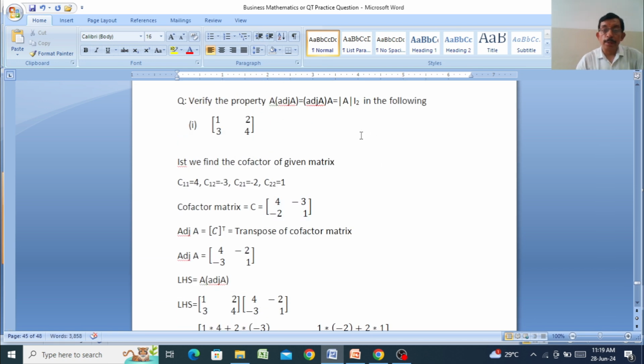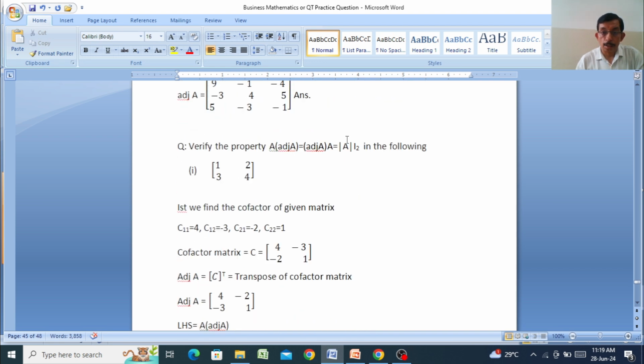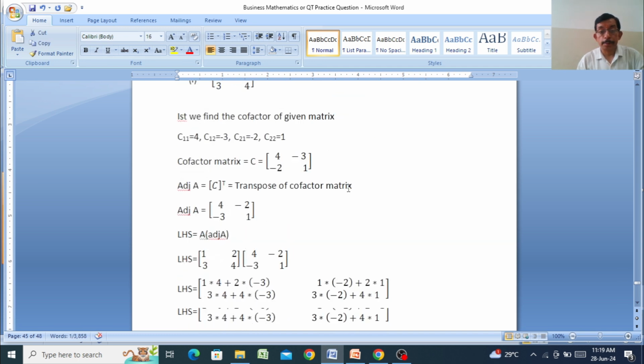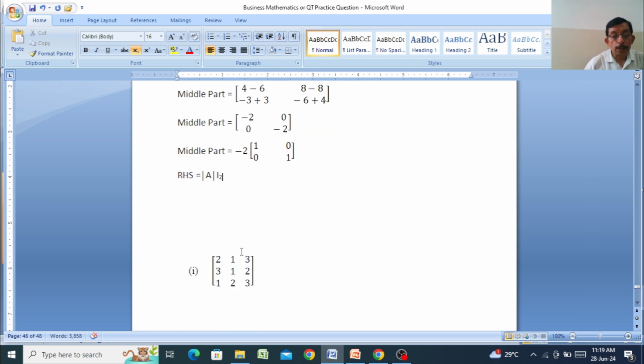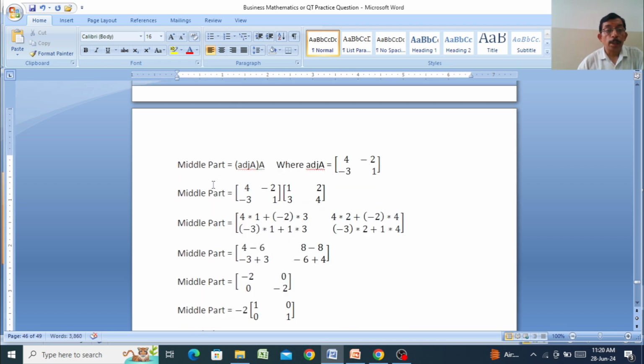First we find the value of determinant of A.